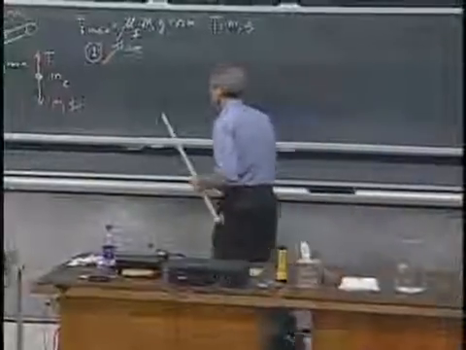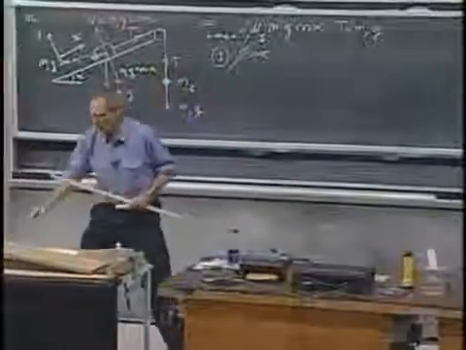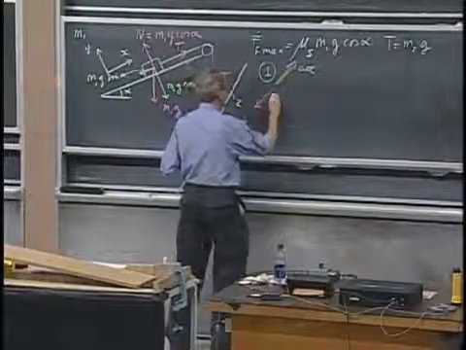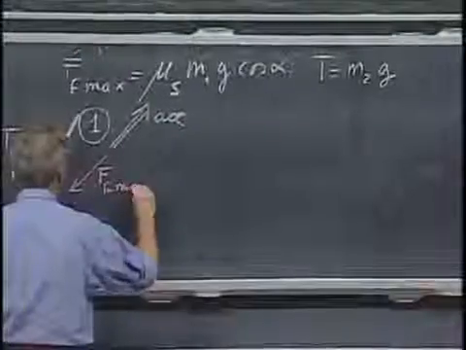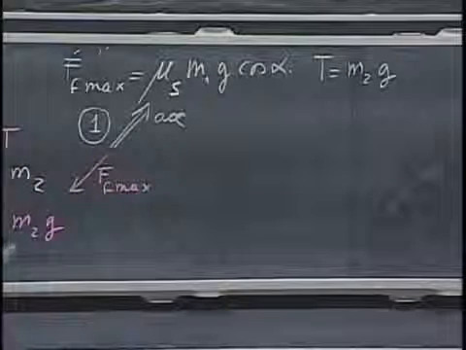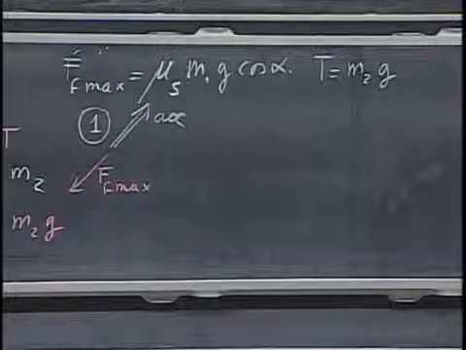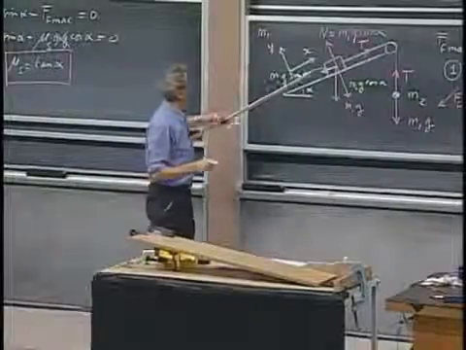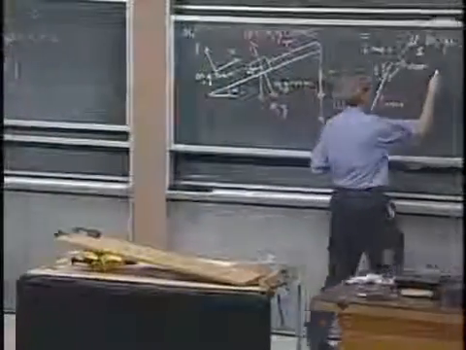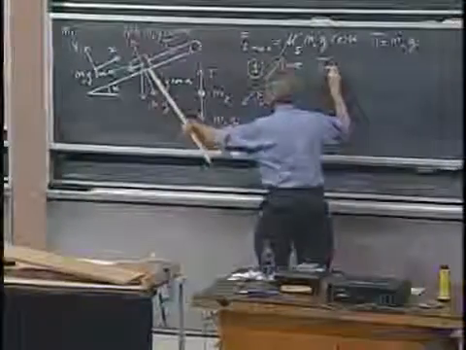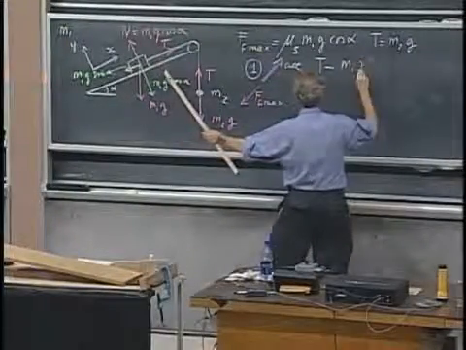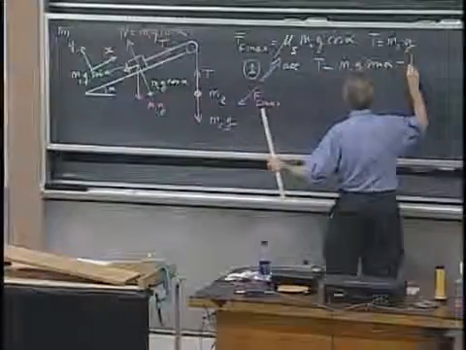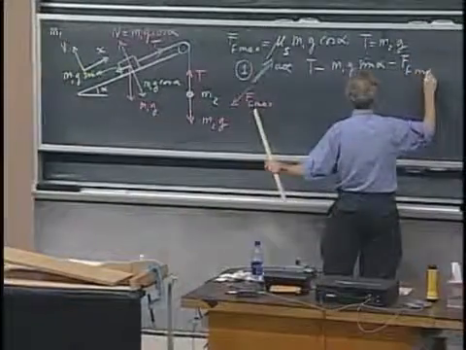If that's the case, then I know that the frictional force will be in this direction, and it will have reached the maximum value with the static friction coefficient. Now I can write down in the x direction Newton's second law. Now I have T, which is in the positive direction, minus m1g sine alpha minus f max.